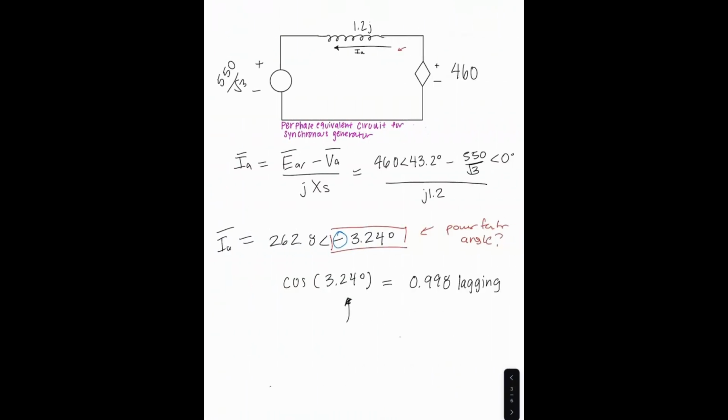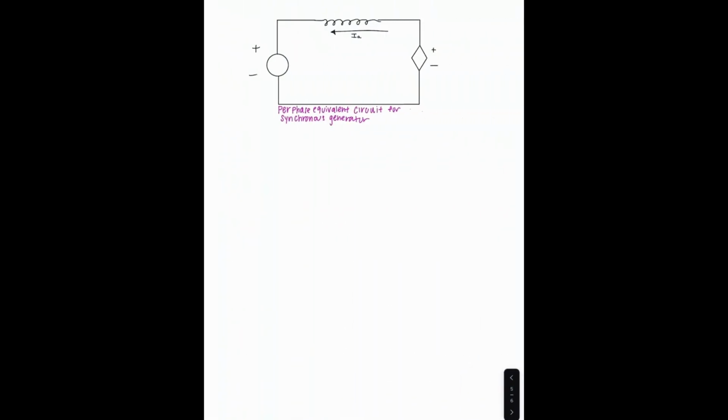So we're also told that we have a PF, a power factor of 0.8, which we can find the power factor angle, or I guess I'll name this phi, by taking the inverse cosine, and we get that this is equal to 36.87.